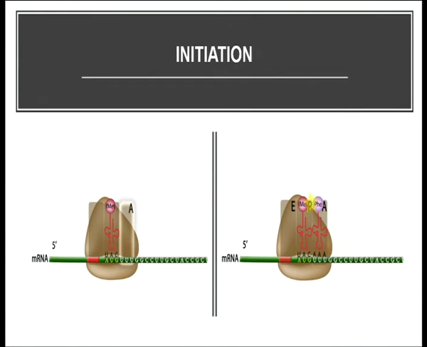The brown colored structure which is present beneath the messenger RNA is the smaller subunit of the ribosome, and the brown colored structure present over the messenger RNA is the larger subunit of the ribosome. First, the smaller subunit attaches to the messenger RNA, and then the larger subunit will attach to the messenger RNA.